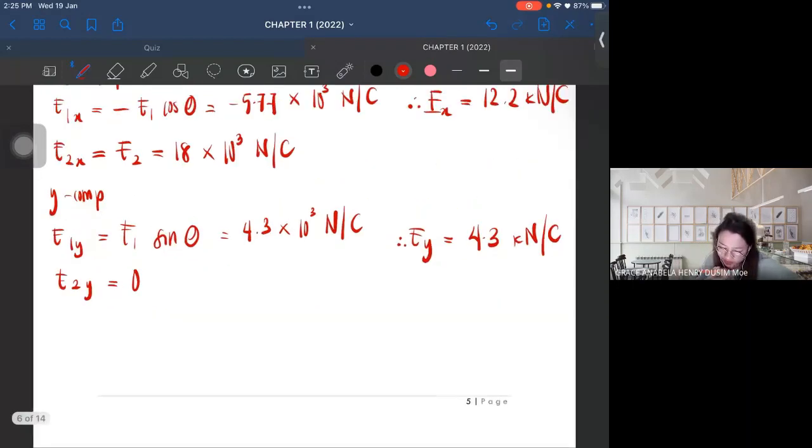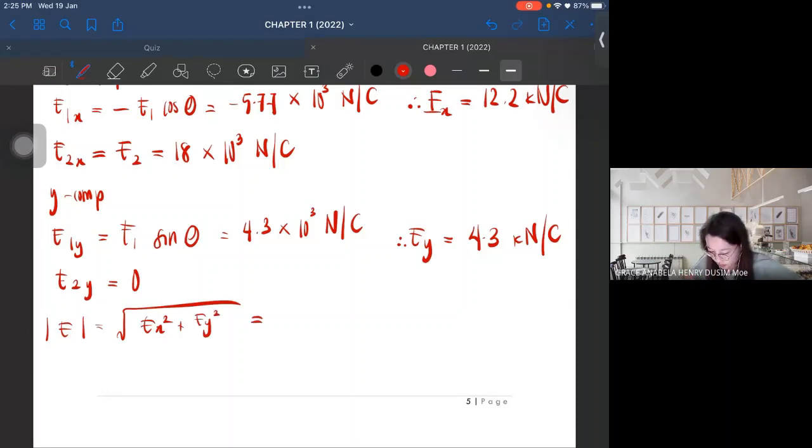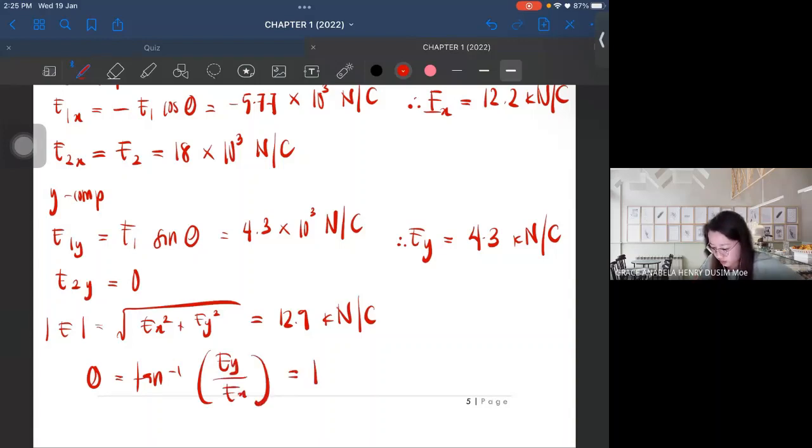After that, we calculate the magnitude. So the square root of Ex squared plus Ey squared, which is equal to 12.9 kilonewton per coulomb. So the direction, do the same thing, shift tangent, Ey over Ex, which is equal to 19.4 degrees.